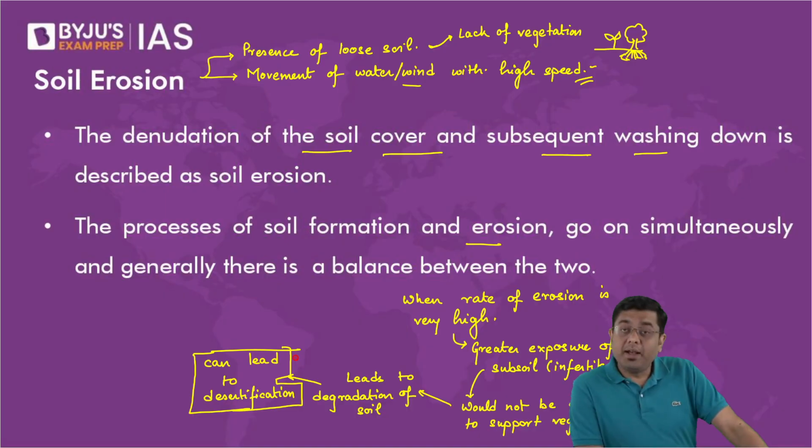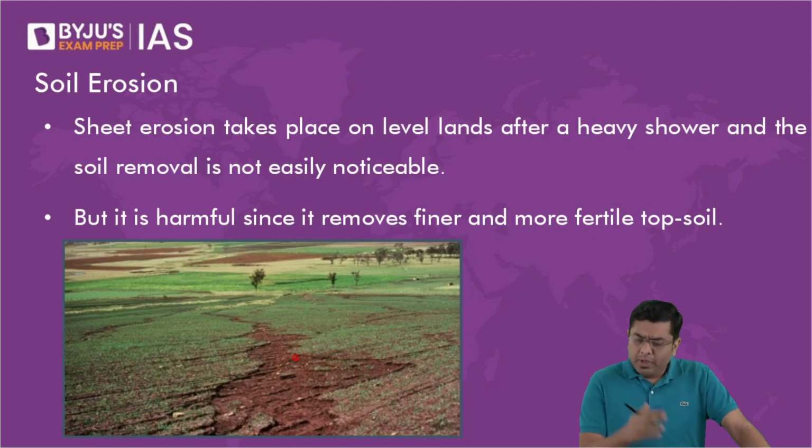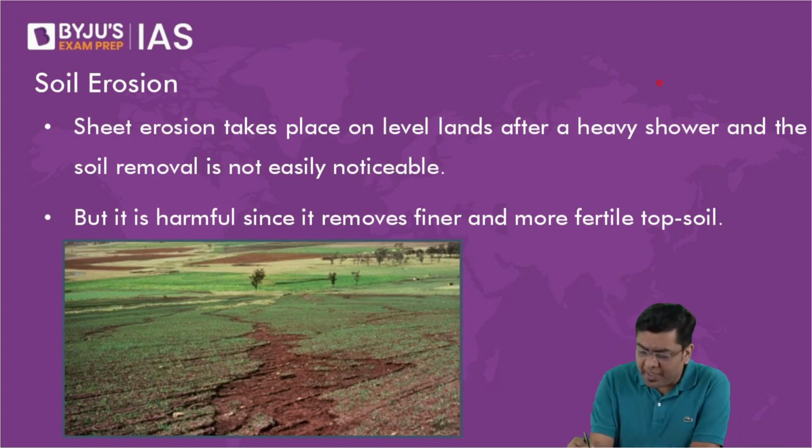Now, here let us take a look at the different ways in which that soil erosion is carried out, different types of soil erosion. So to tell you the very basic here, let's suppose in a region you have topsoil which is very loose, devoid of vegetation.